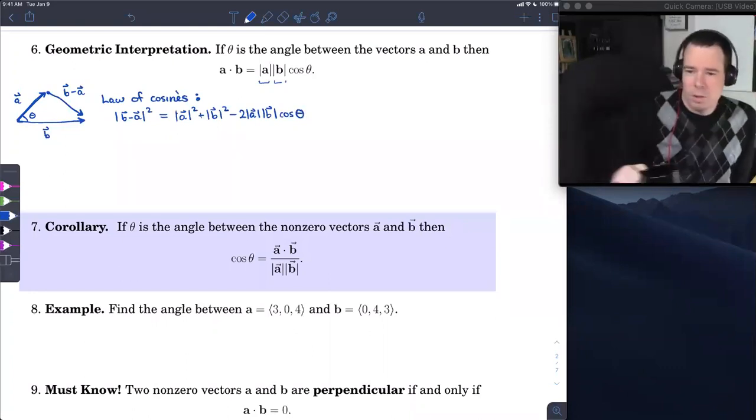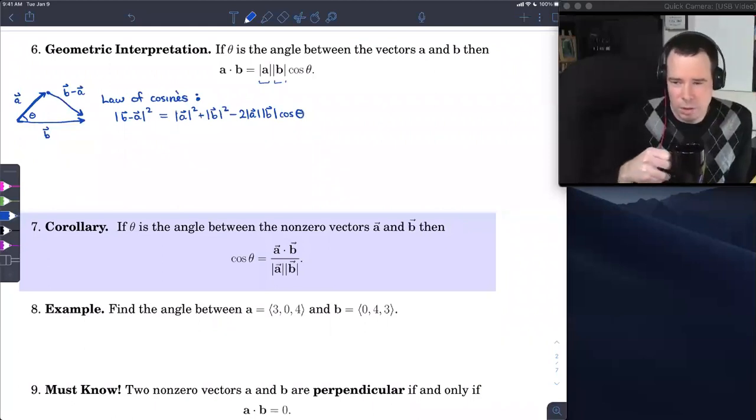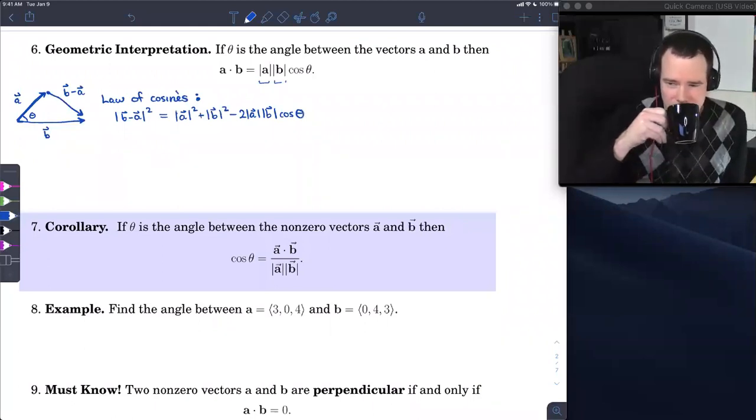So that's the law of cosines, just written in the form where our sides are given by vectors. So we're using magnitudes or lengths of these vectors in this case.